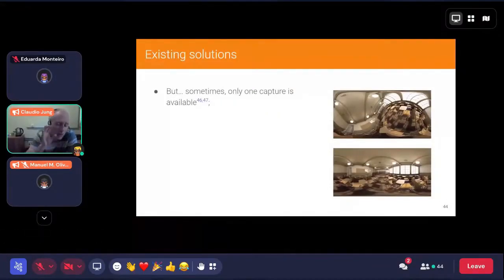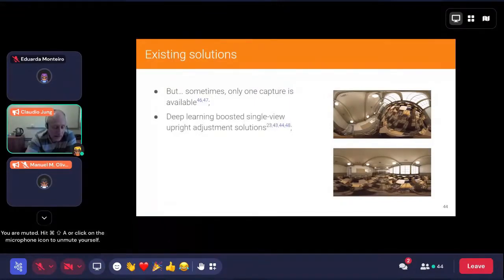If you just have one capture, what can you do? The idea is that you can handle the gravity alignment problem as a learning problem. So basically, in the training set, you have either a pair of panoramas, one in the upright position, which means it's already gravity aligned, and you can artificially generate rotated versions.